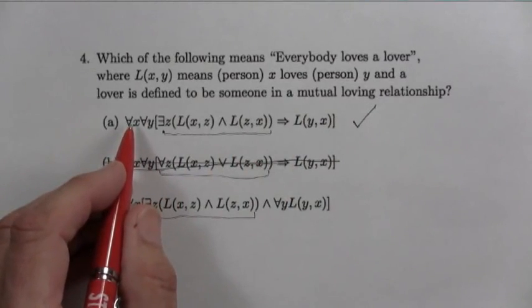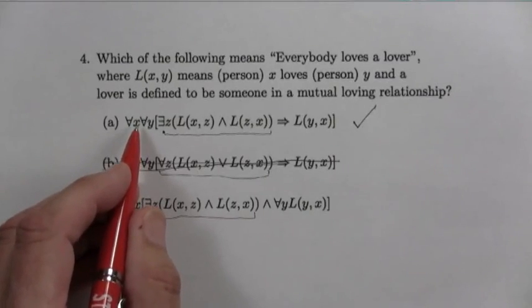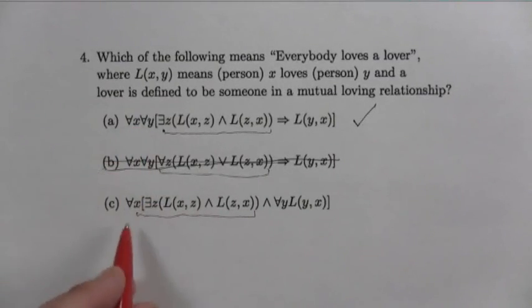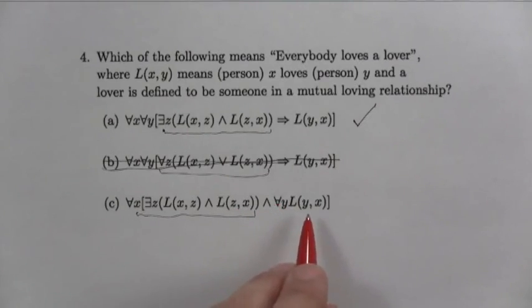You could argue about whether that's the absolute best interpretation, but out of these three, it's certainly a correct one, and so it's the one here. Let's look at this one. This one is a little bit different because it's got for all Y in here.